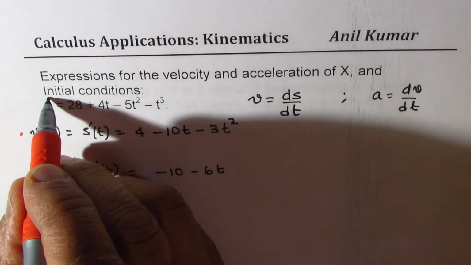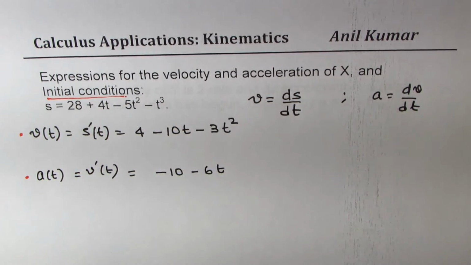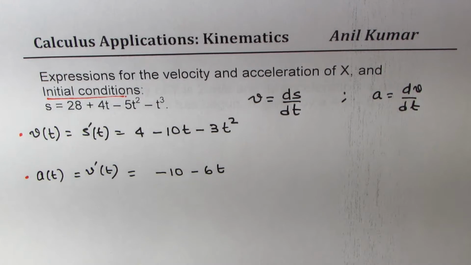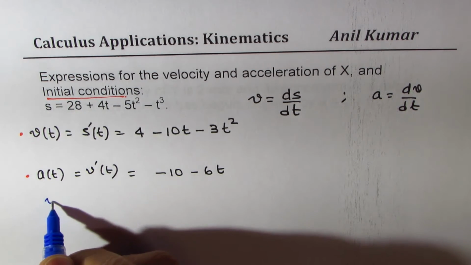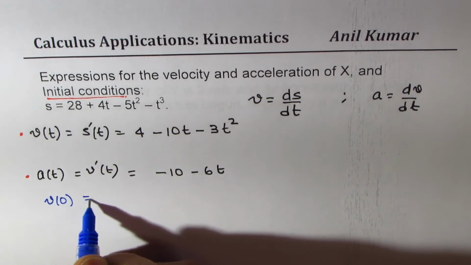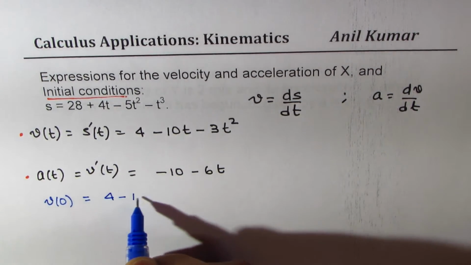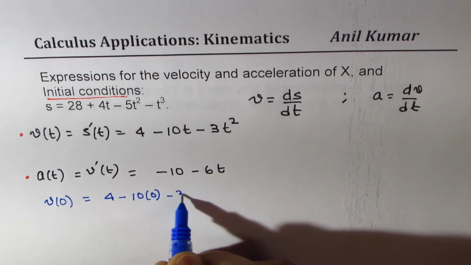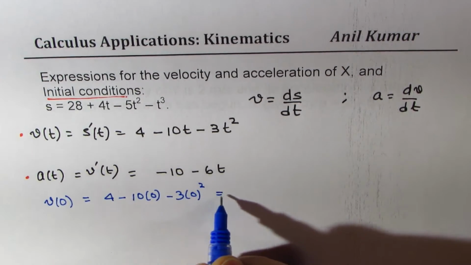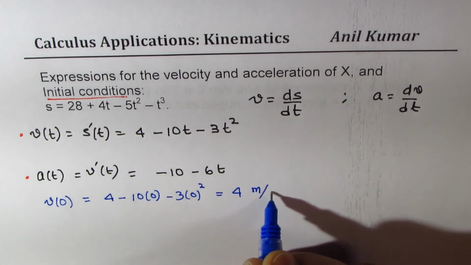Now let's look into initial conditions. Initial conditions simply mean the velocity and the acceleration when t equals 0. Substituting, velocity when time is 0 is 4 minus 10 times 0 minus 3 times 0 squared, clearly 4 meters per second.